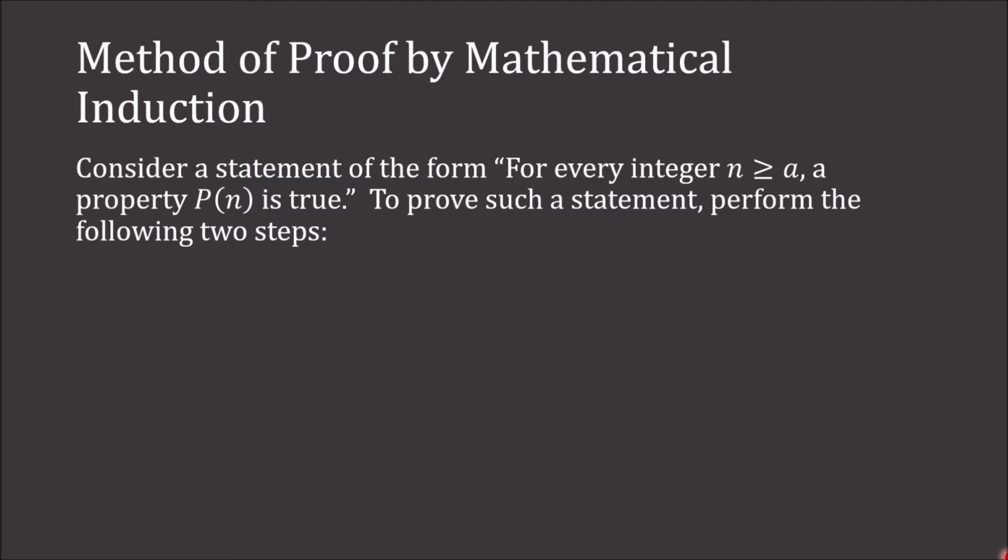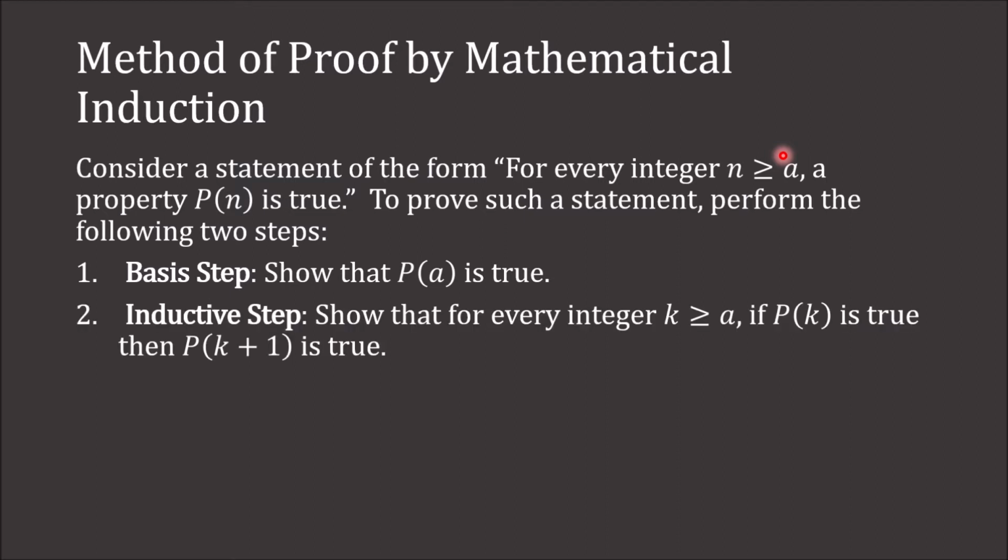The first step is known as the basis step, and that is to show that P of a is true. That is, show the property is true for the first possible value of n. The second step is called the inductive step, and that is to show that for every integer k greater than or equal to a, if P of k is true, then P of k plus 1 is true.